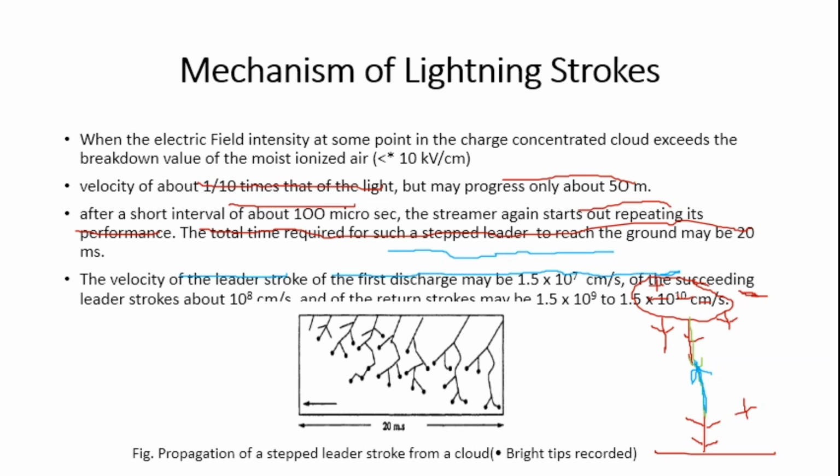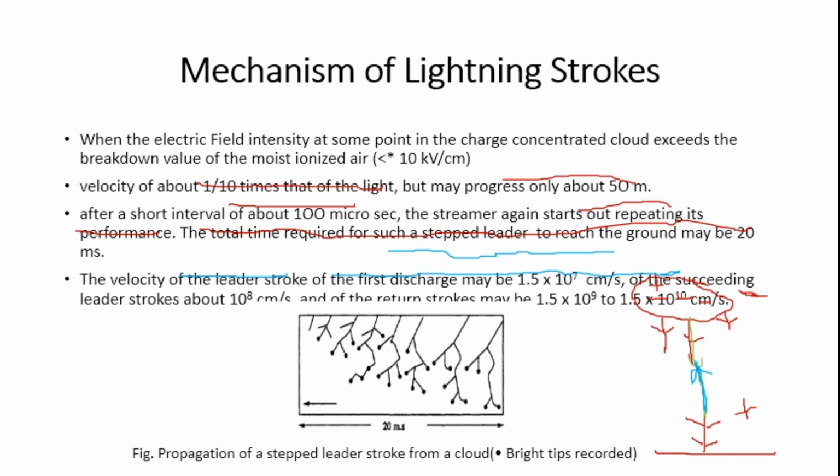So at this time, this is the stroke which is reaching the ground, and it is sufficient to make the point of contact, resulting in a large path between the cloud and the ground. Hence positive charges return to the cloud.